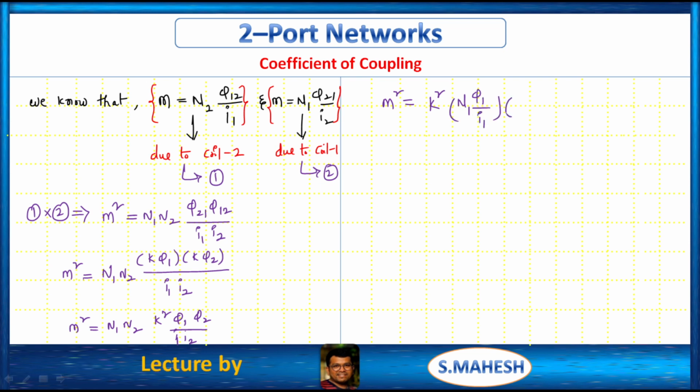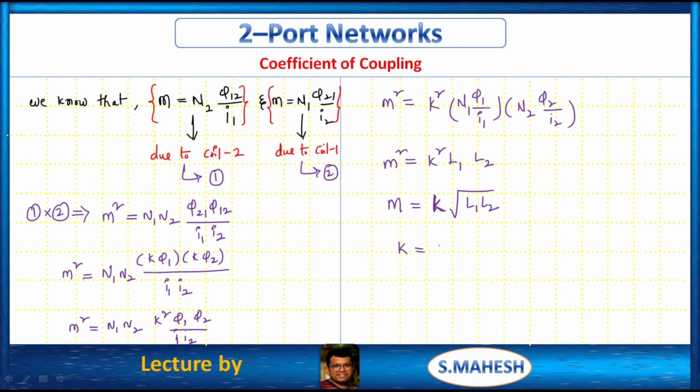Now we can write M square is equal to k square times N1 phi 1 by I1, like that, N2 phi 2 by I2, right? So from this, M square is equal to k square, this is L1, this is L2, because L1 is N phi by I. Simply, self inductance is nothing but N phi by I. Therefore M is equal to k into square root of L1 L2, right?